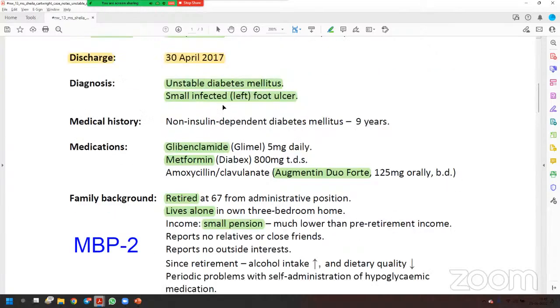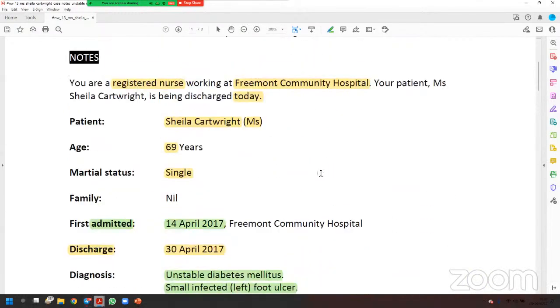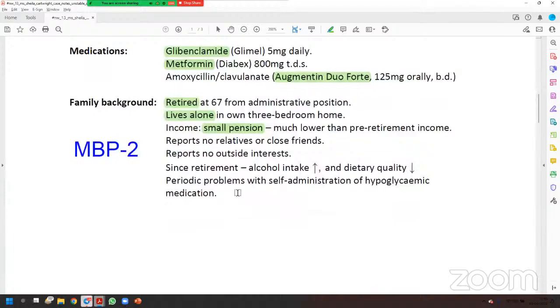And then what else? Other than that, nothing is there. So we can also talk about this one. Since retirement, alcohol intake increased and dietary quality decreased. Alcohol consumption increased and dietary quality decreased.